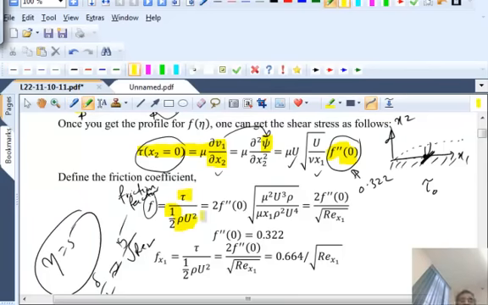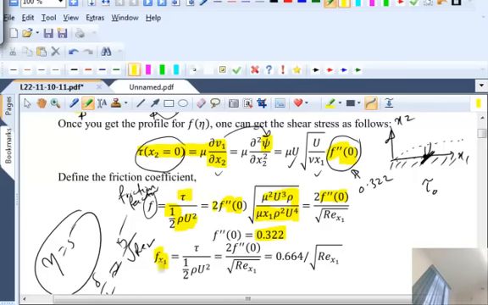Maybe I should have called it the drag coefficient. Then substitute for tau that we obtained from the previous step, that is 2 f double prime 0, and then you get this square root of mu squared u cubed rho and all this. And now substitute for f double prime as 0.332. So you get f as a function of x1.